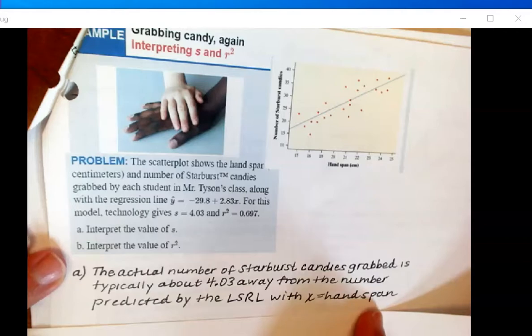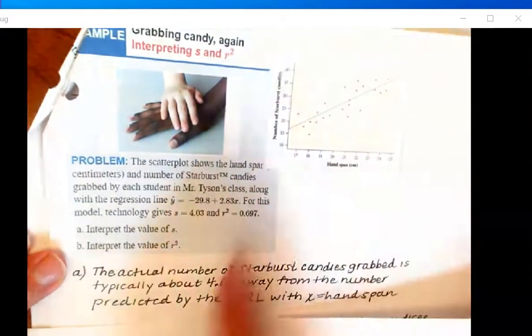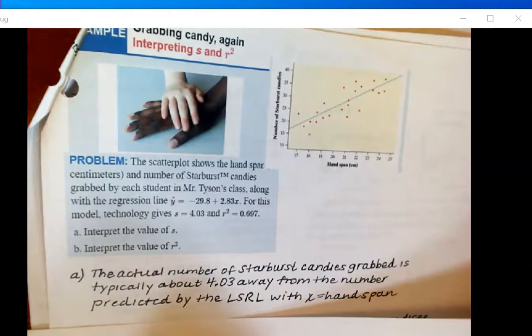It is in context with the handspan and number of starburst grabbed. So again, that S, the 4.03, is the standard deviation of the residuals. The actual number of starburst candies grabbed is typically about 4.03 away from the number predicted by the least squared regression line with X equals handspan.